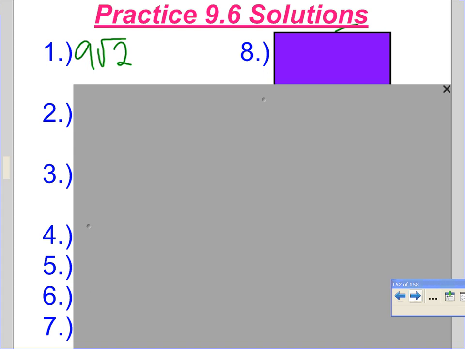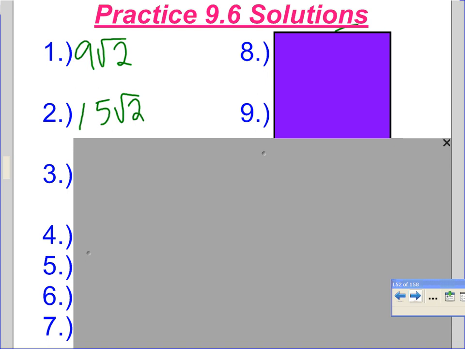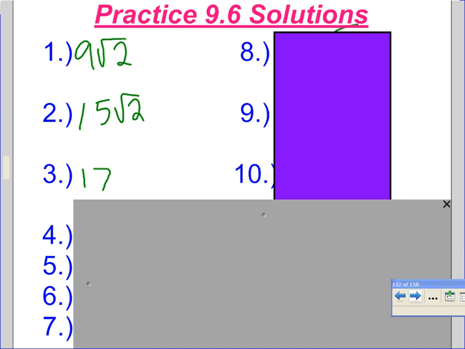Ray, number 2. Good. Amberly, number 3. Good. Evan, number 4. Okay, how about 5, Evan? Did you do your homework? Okay. Kevin, number 4.